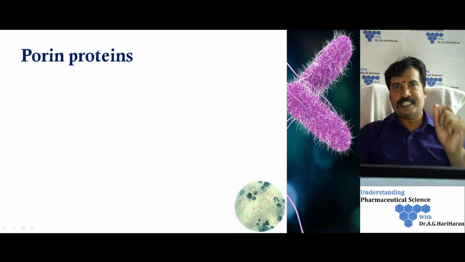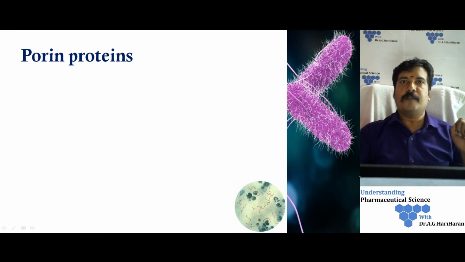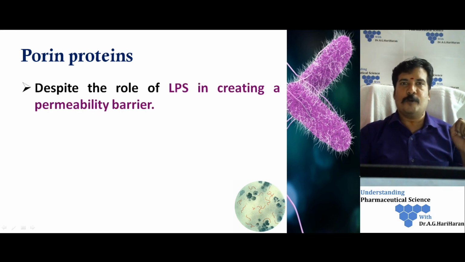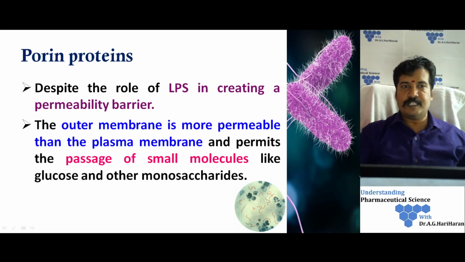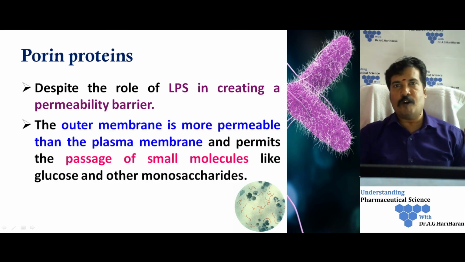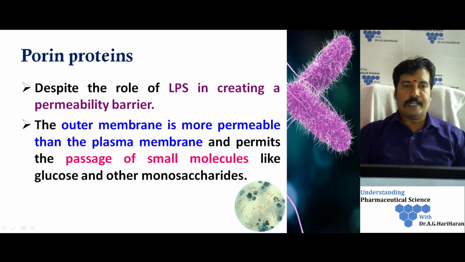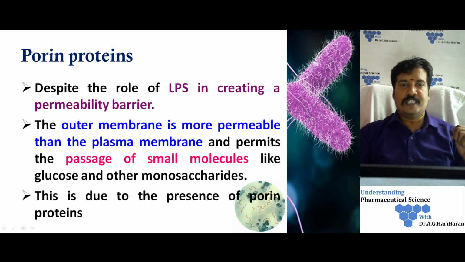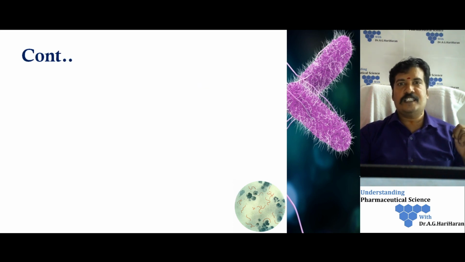And moreover, the second protein which is present in the lipopolysaccharide layer is the porin protein. It is a permeability barrier which generally helps in the transport of small molecules like water or glucose to be transported easily from the outer membrane to inside the cytoplasm. So this porin protein, if you see the structure, is basically made up of a trimer.